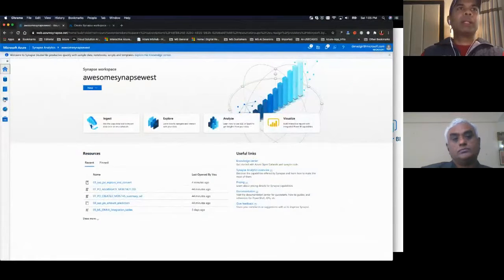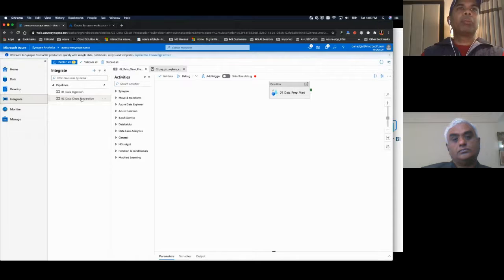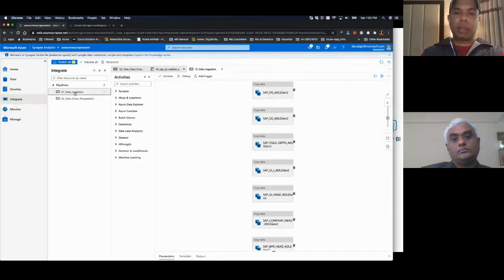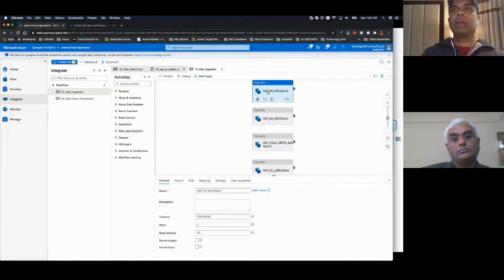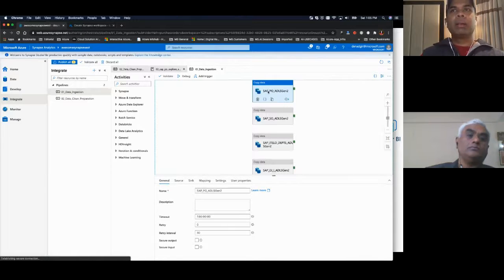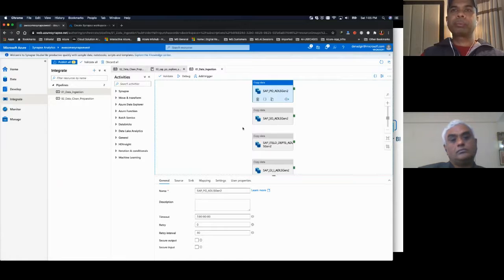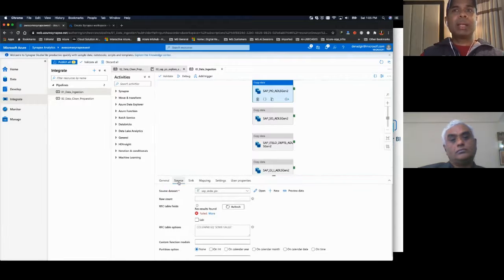So if I look at the first part, which is really the data integration, we can begin to look at pipelines, as we call them. Now, these pipelines are essentially very simple. All we're doing here is connecting to a source, and in this case, this is really an SAP data source that I'm connecting to.